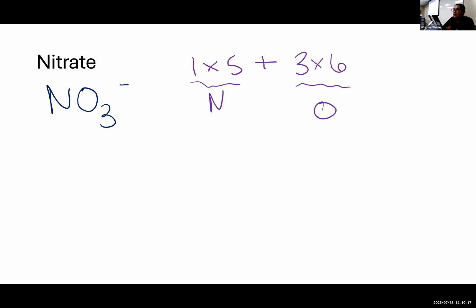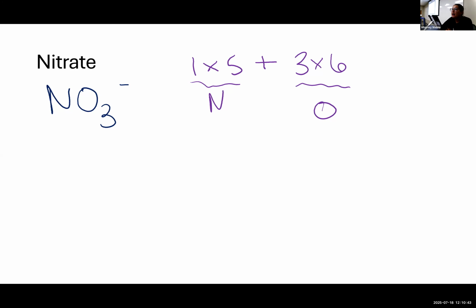All right. So we are counting electrons here. If it was neutral, just NO3 by itself with no charge, we are done. But that sign or charge tells us, do I have an extra electron or do I have fewer electrons? Because electrons are negatively charged and this whole ion is negative, it means there is an additional electron here.